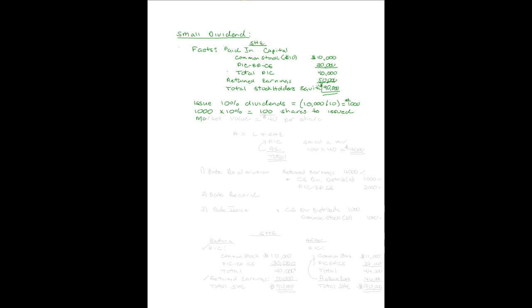Let's further assume that on the day I do this, the market value of this stock is $40 a share. That's what it's trading for on the market today. As you'll recall from my discussion, my goal is to capitalize some dollars, take them out of retained earnings and put them into paid-in capital, leaving the total unchanged.